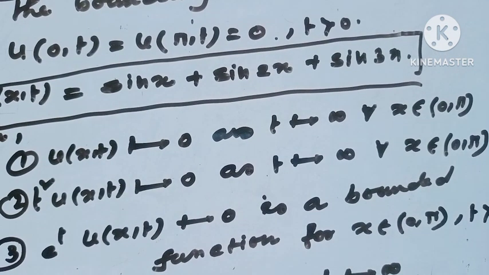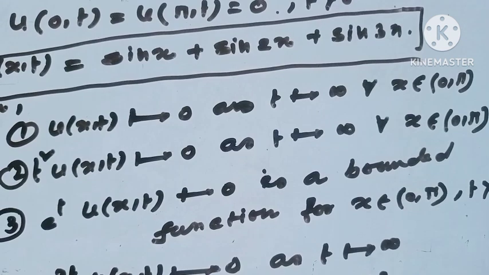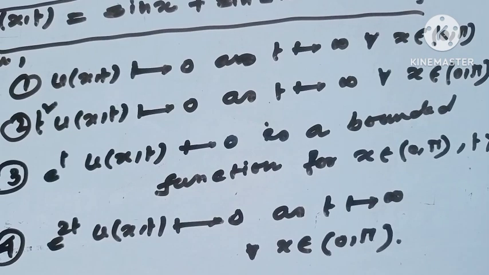Option 2: t² u(x,t) tends to 0 as t tends to infinity, and this is true for all x belonging to (0,π). Option 3: e^t u(x,t) is a bounded function for all x belonging to (0,π) and t > 0. And option 4: e^(2t) u(x,t) tends to 0 as t goes to infinity, and this is true for all x belonging to (0,π).